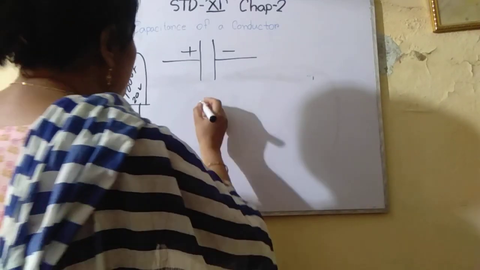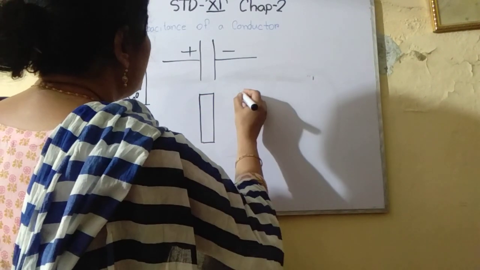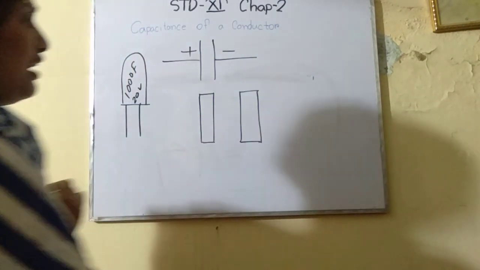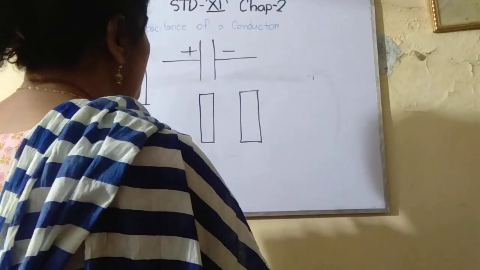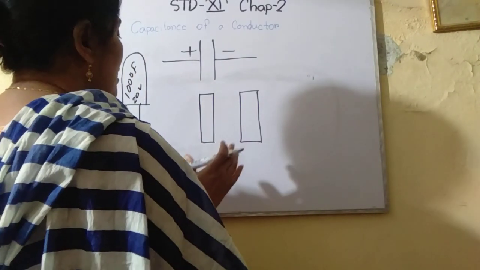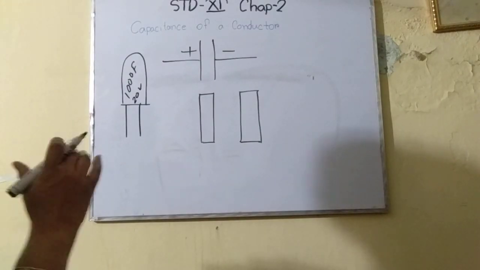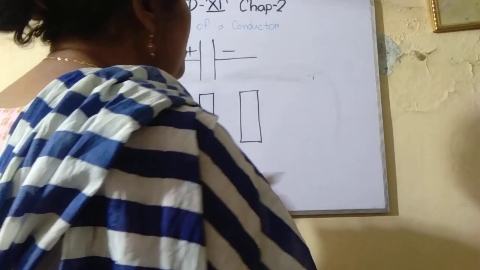Now if we break the capacitor, we will get two parallel plates, and the main purpose of a capacitor is to store charge. All substances have some characteristics.